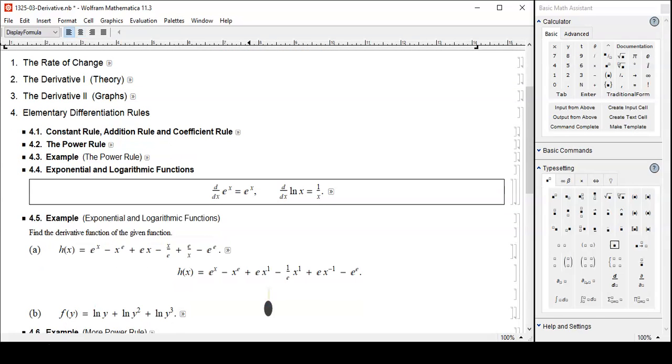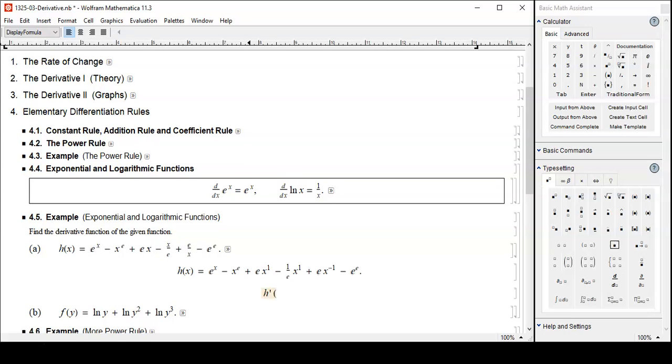Therefore, if I take the derivative, let's see, exponential function always stays the same, right? So I'll write e to the x. Now, what's the derivative of this?